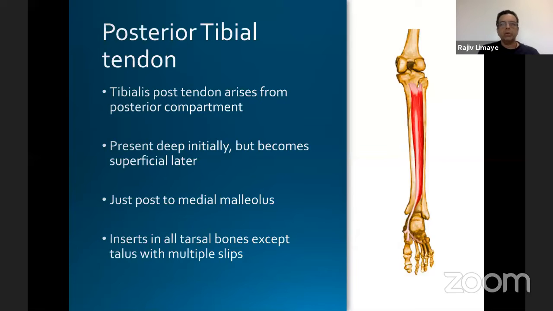As we know, the posterior tibial tendon is the longest in the posterior compartment of the calf. It has quite a long muscle belly and tendon, and it is initially quite deep, but becomes superficial later, just around the ankle joint, goes posterior to the medial malleolus, and inserts into all tarsal bones except the talus.